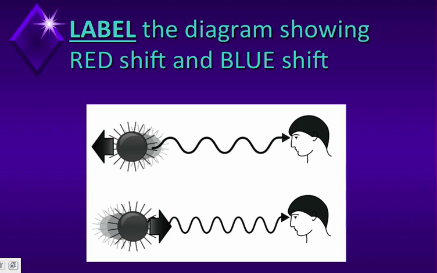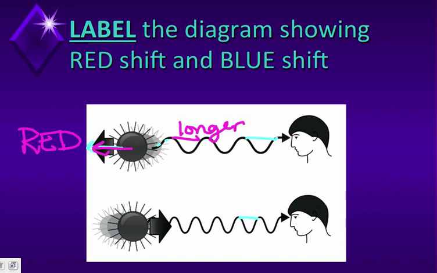Here's another example. Here's us, the observer. Here's the star. Here I see it moving away. So what do I notice about the wavelength here? This wavelength is much longer than this one, telling me this top example is going to be the red shift as the star is moving away, creating a longer wavelength.